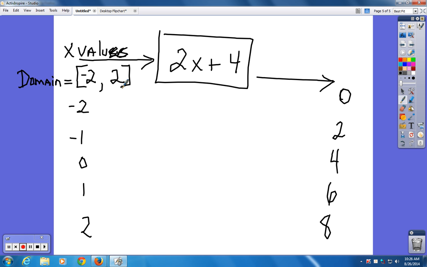So what is my range? Range is equal to 0 to what? To 8. Now tell me what's so hard about that.